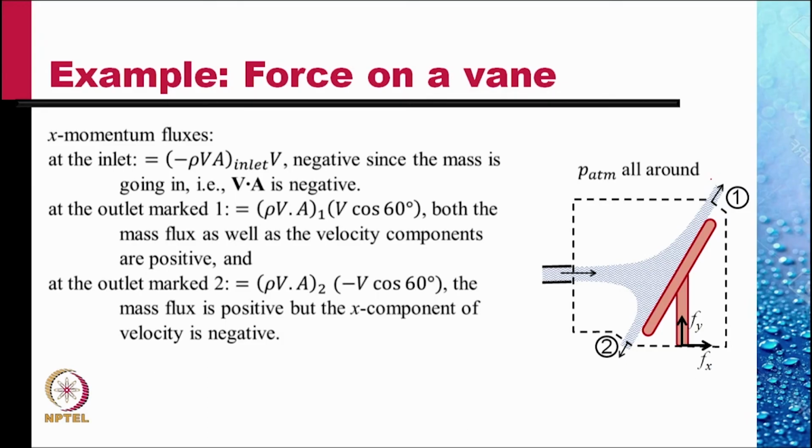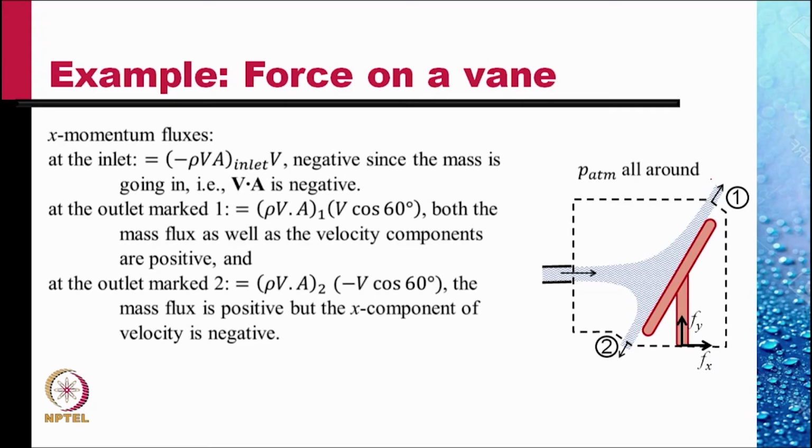X momentum flux at the inlet is minus rho VA at the inlet, minus sign because it is the influx of mass into the control volume, times V, the velocity there. At the outlet marked 1, rho VA at 1, positive since it's an efflux of mass, times V cosine 60 degrees.